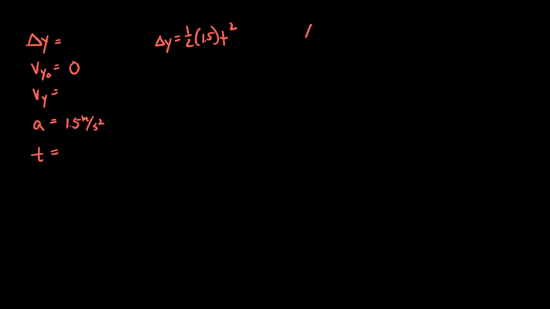In the x direction, I have initial velocity of 0 and acceleration of 2. If I want to put together an equation for where it is, it's delta x equals 1/2 times 2 t squared.